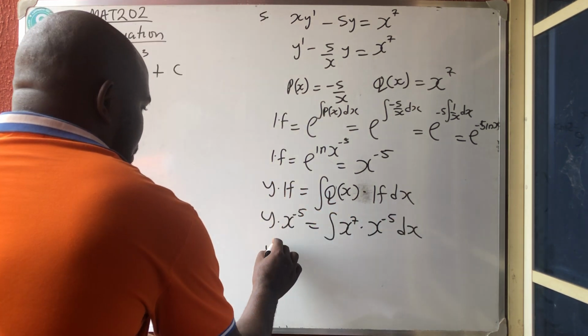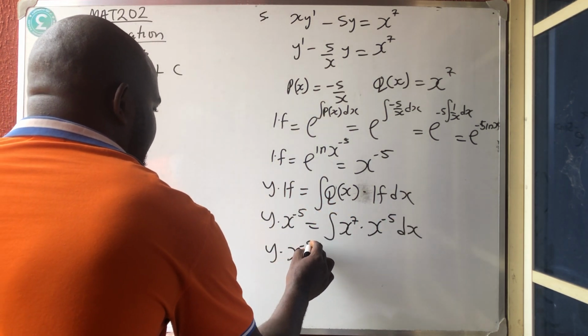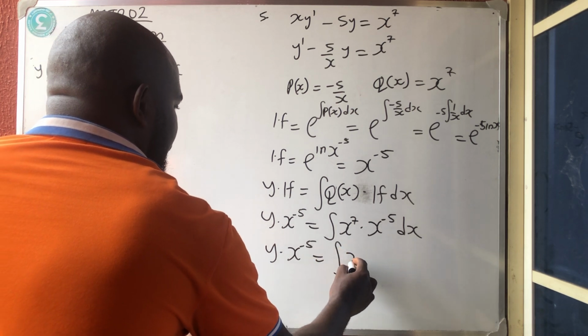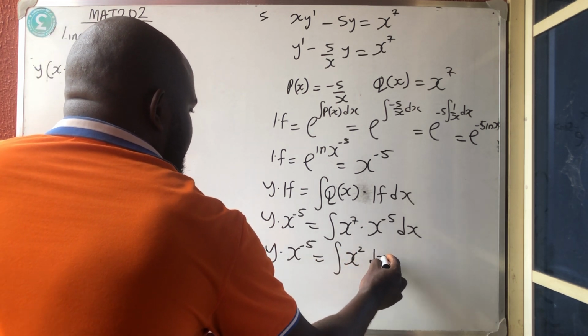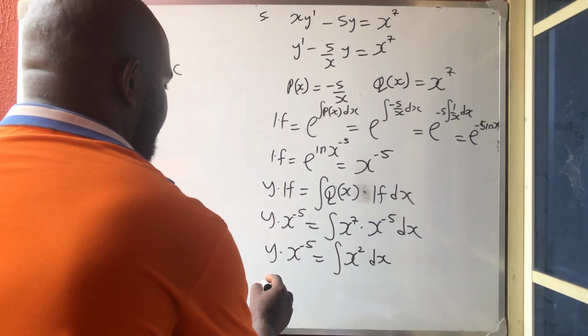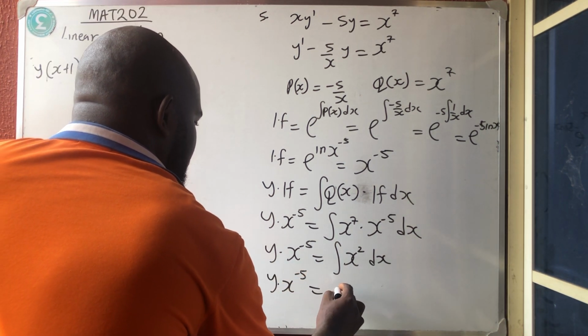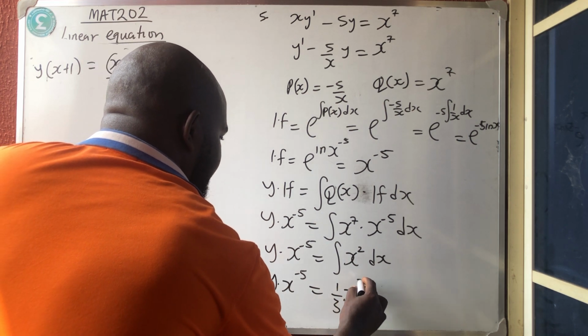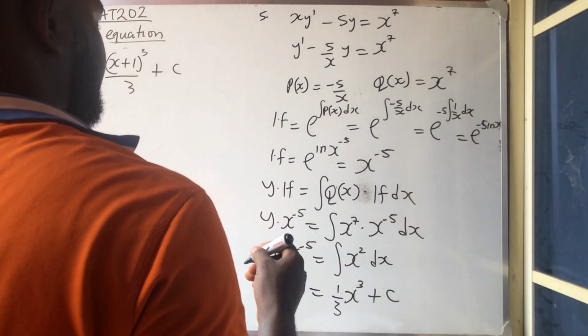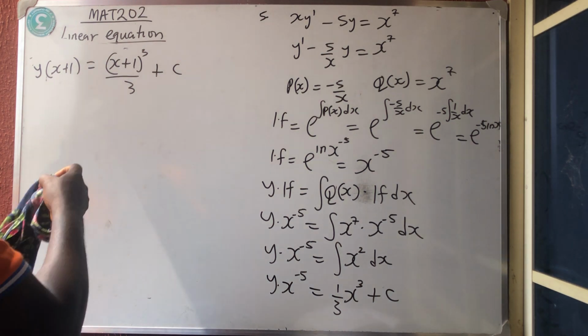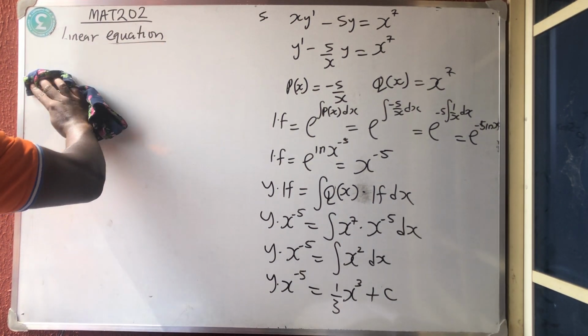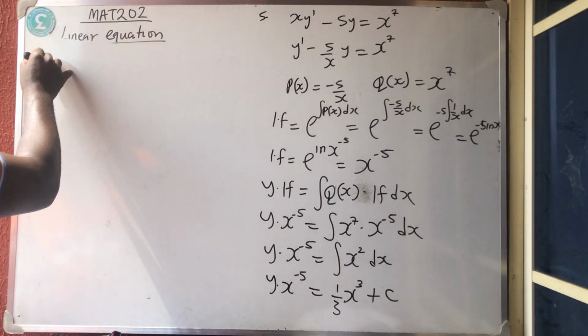So y times x raised to the power minus 5 is equal to the integral of x raised to the power 2 dx according to the law of indices. So I'm having y times x raised to the power minus 5 is equal to 1 over 3 x raised to the power 3 plus a constant. So that is that. Number 6.